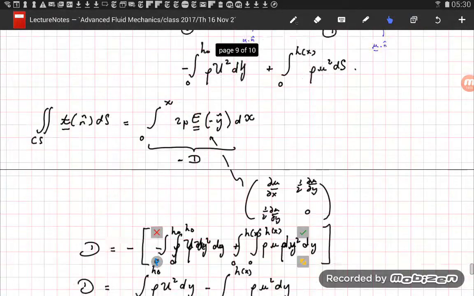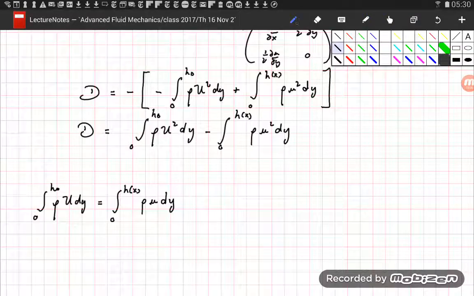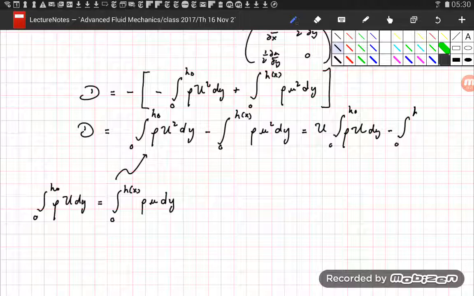So if we introduce mass conservation here, we can express this integral as U times the integral between 0 and h naught of rho u dy minus integral between 0 and h(x) of rho u squared dy. And this here, from mass conservation, I should write it here, is equal to the integral between 0 and h(x) of rho u dy.